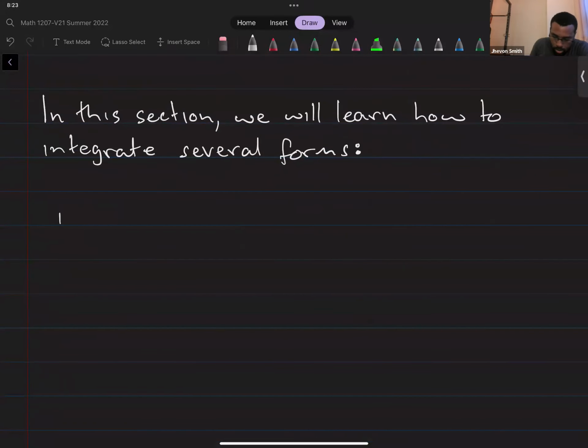So the first class of functions that I want you to know how to integrate is if you have a sine to some power times a cosine to some other power.